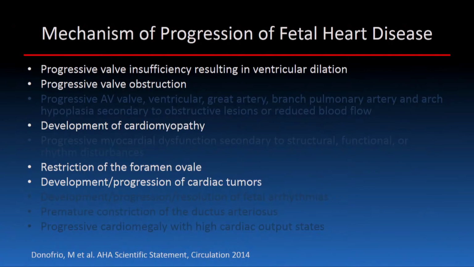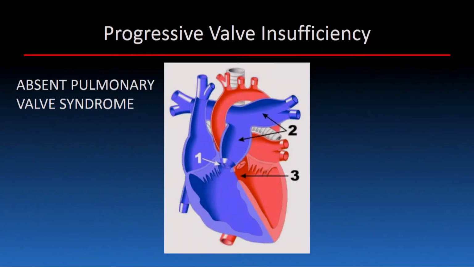But today we're going to be speaking on just 5 of those mechanisms: the progression of valve insufficiency resulting in ventricular dilation, progressive valve obstruction, development of cardiomyopathy complications when detected in utero, restriction of the foramen ovale related to hypoplastic left heart syndrome, and then development and progression of cardiac tumors and their complications.